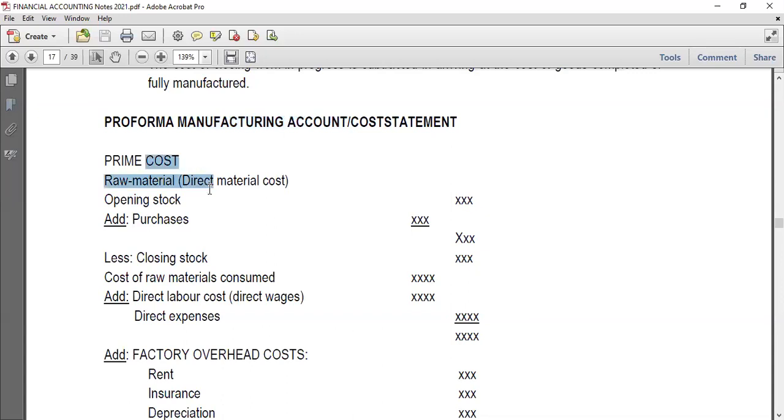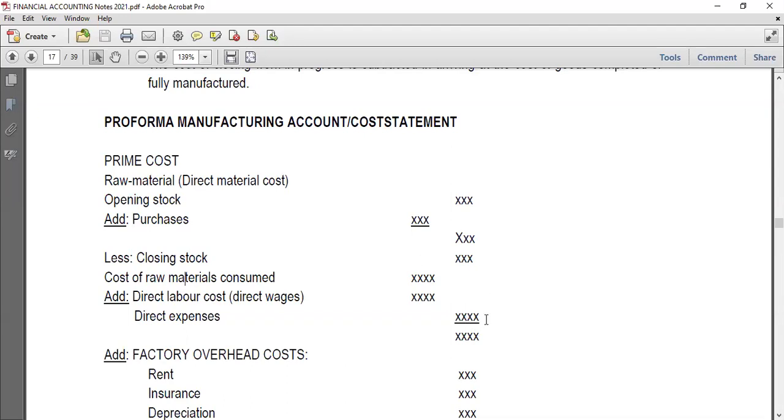The key things that this looks at are our prime costs, okay? By prime cost, I mean the variable costs, or what somebody may call the direct costs. The direct costs include raw materials, labor, and then direct expenses, which is any other kind of expense that is directly attributable to the product but is not under labor or raw materials.